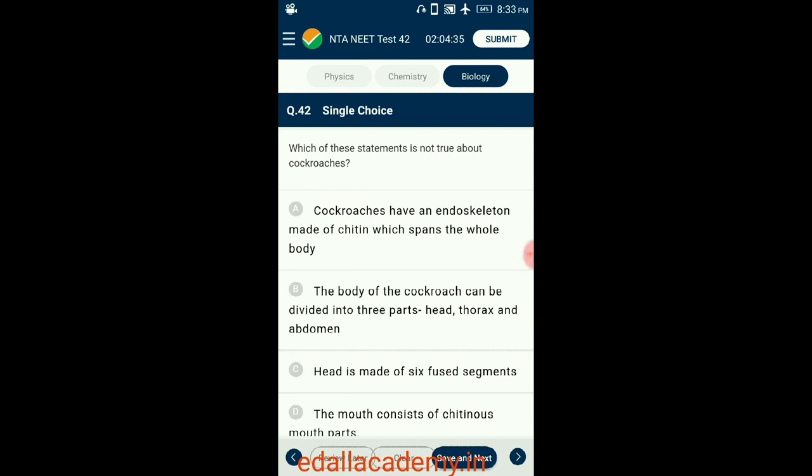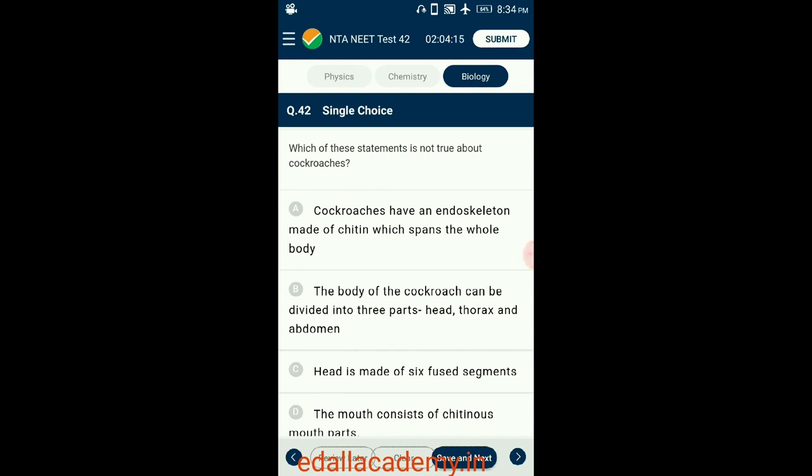They have a segmented body divided into three sections: head, thorax, and abdomen. The head is made up of six fused segments showing mobility at its neck. The mouth section of the cockroach has four parts: labrum, labium, a pair of mandibles, and maxilla.